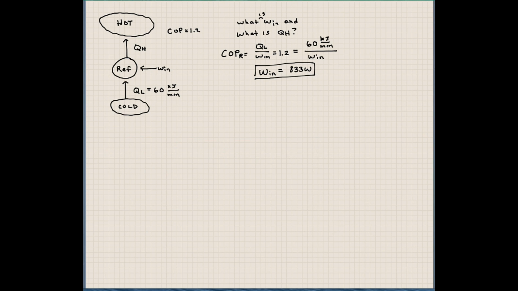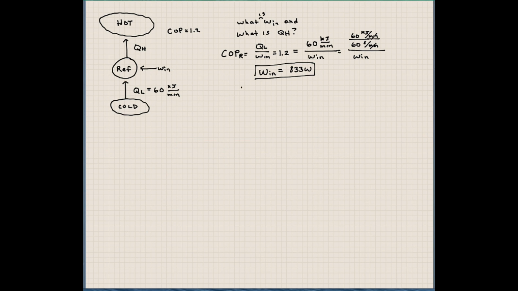I may have skipped a step here. I didn't show it, but you can convert this, 60 kilojoules per minute into watts. So 60 kilojoules per minute, and there's 60 seconds every minute. So the minutes cancel, so you have kilojoules per second. So this is basically 1 divided by 1.2, okay?